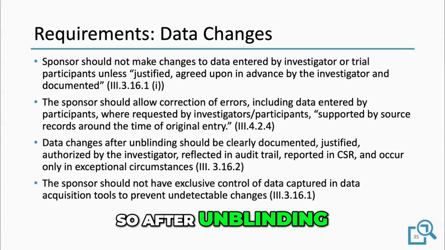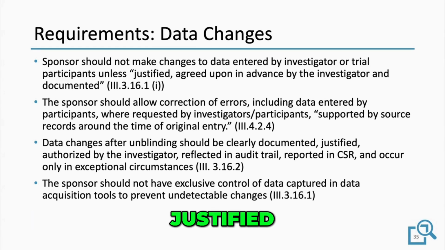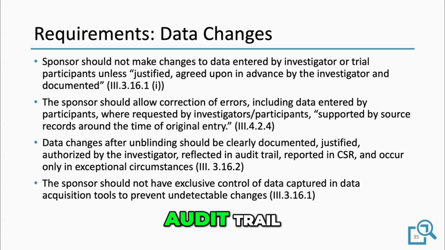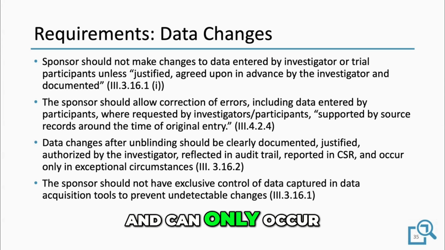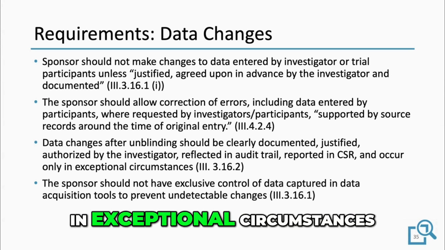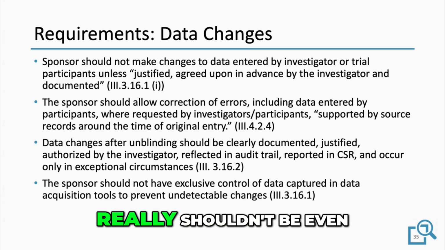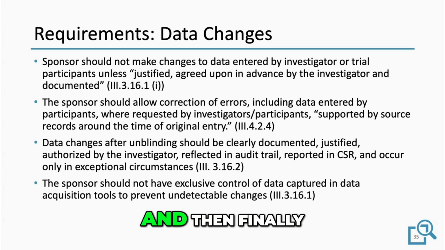So after unblinding, any data changes should be clearly documented, justified, authorized by the investigator, reflected in an audit trail and reported in the CSR, and can only occur in exceptional circumstances. So this shouldn't be a habit formed and really shouldn't even be part of a process, because it's exceptional circumstances.